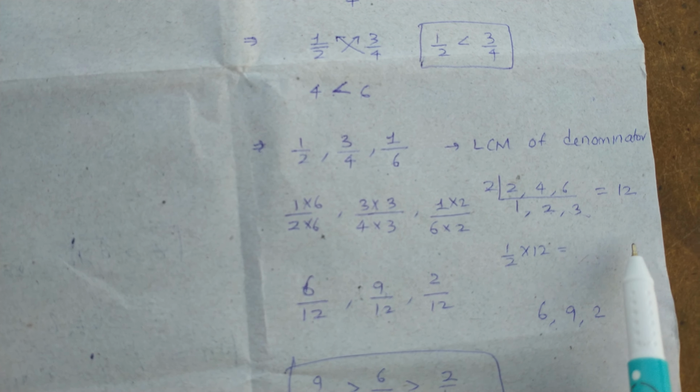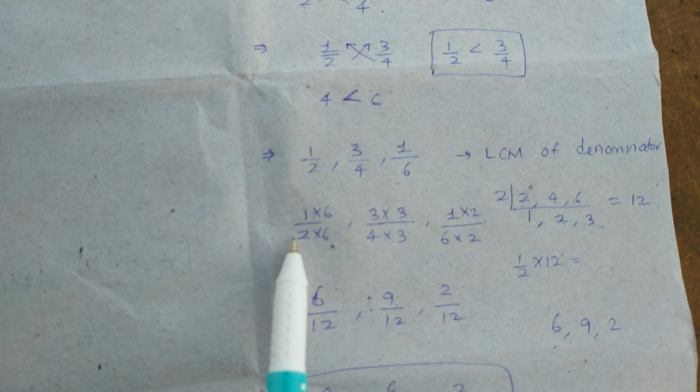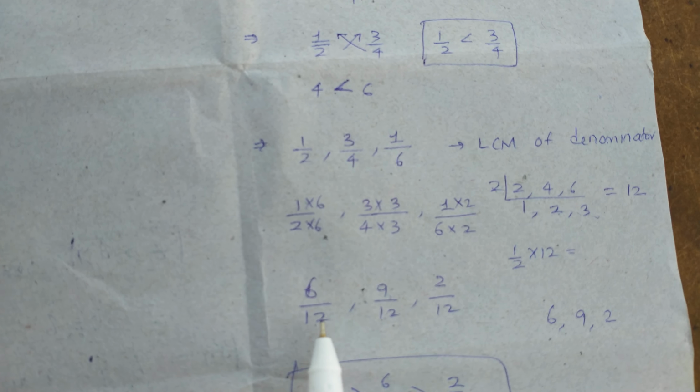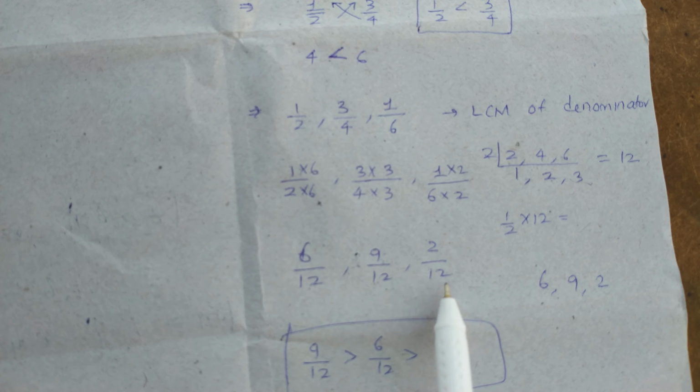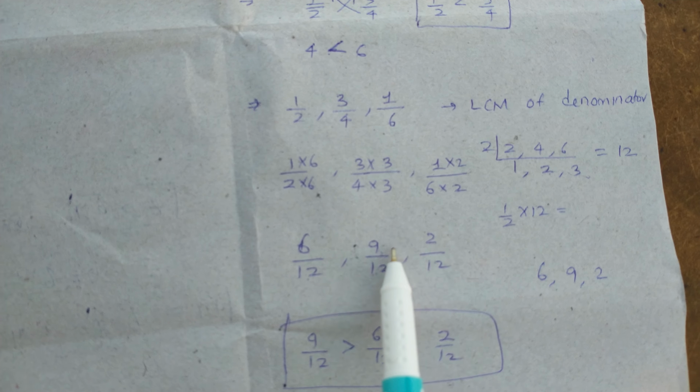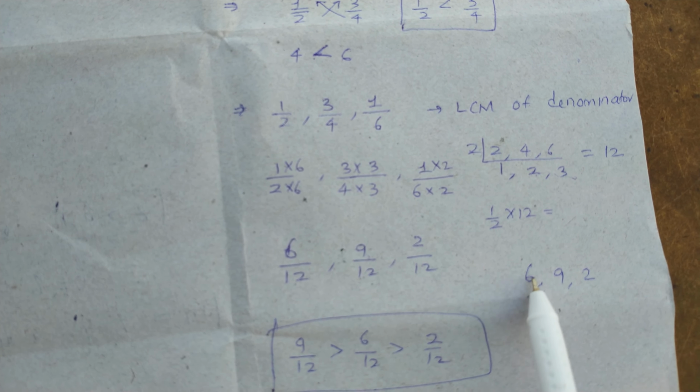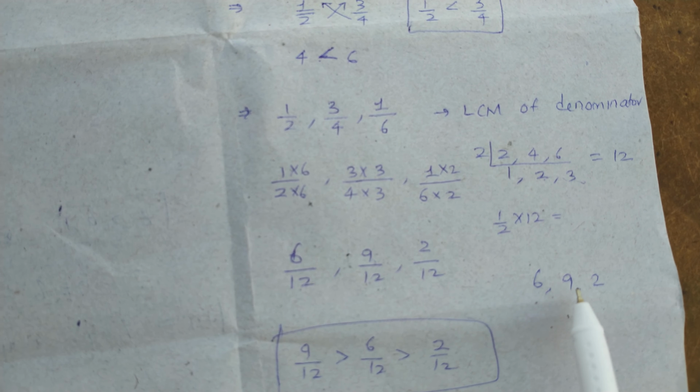We got 12 as the LCM. So in every fraction, in order to get 12, I have multiplied with the corresponding integers. In the numerators, we get the values after multiplying. Then we can compare those numerators.